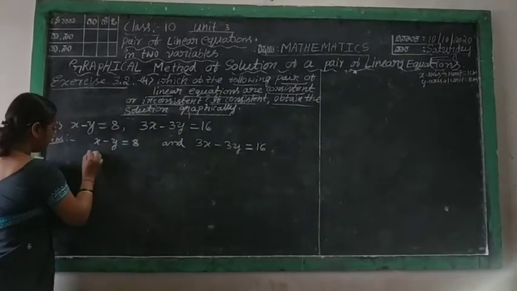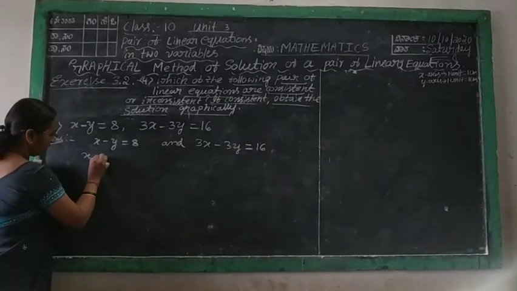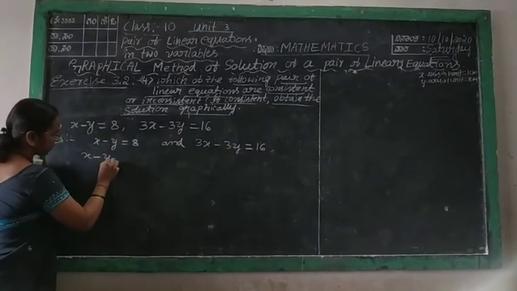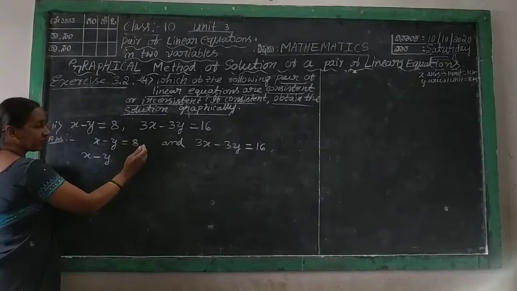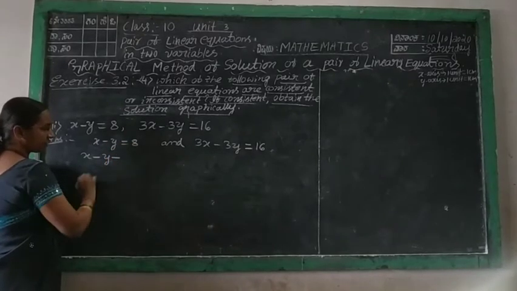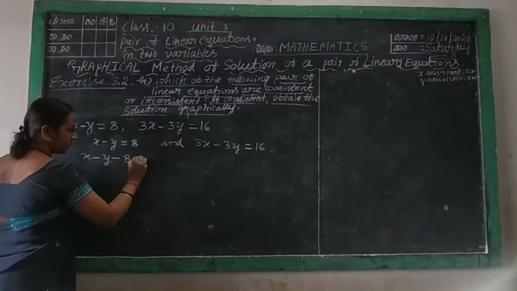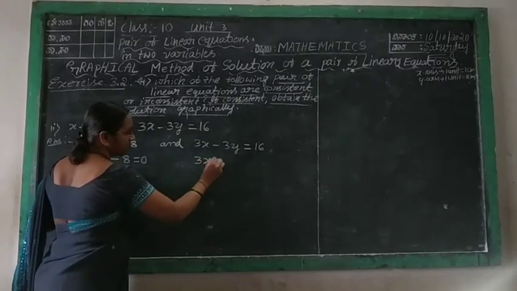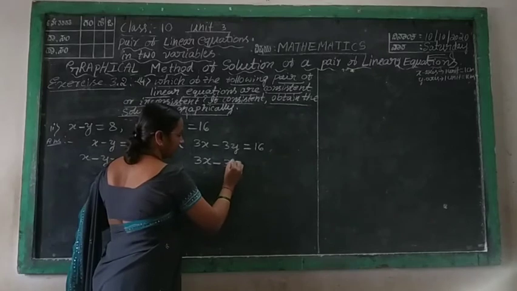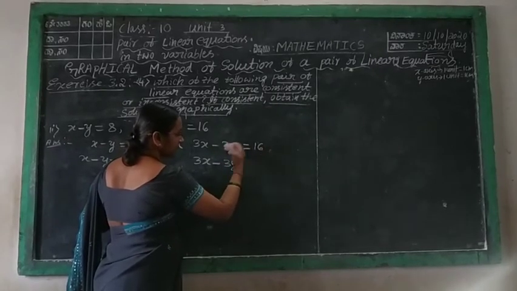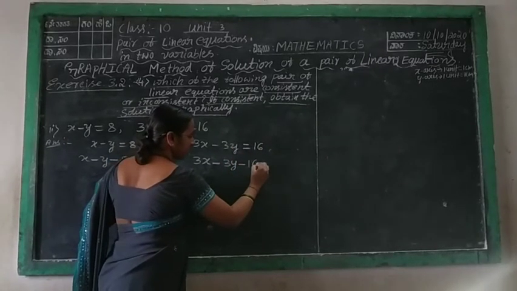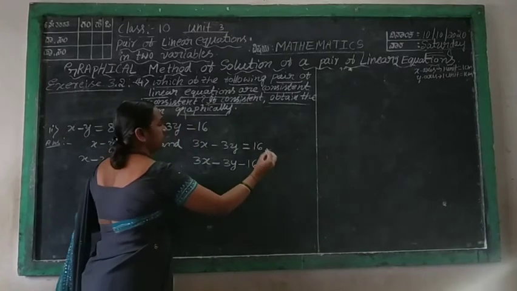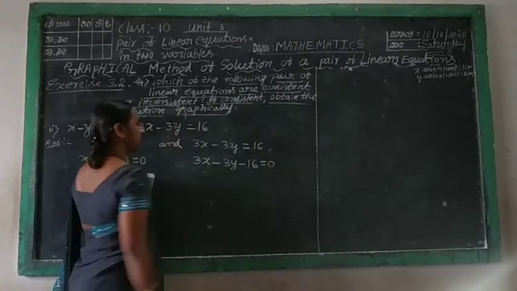Then plus 8 is on the RHS, so it is transferred to LHS. It changes to minus 8. Then 16 is also transferred to LHS, it changes to minus. Then right side is 0.